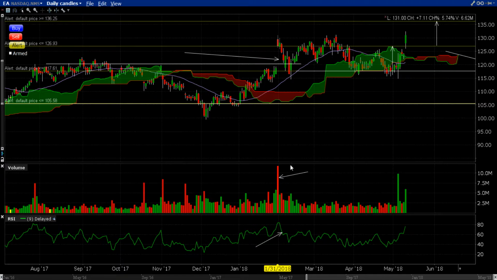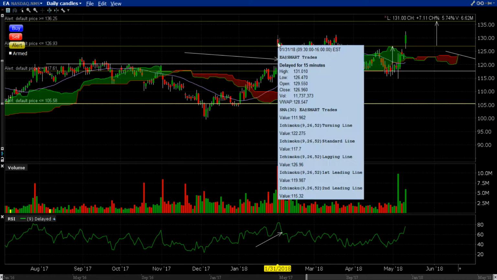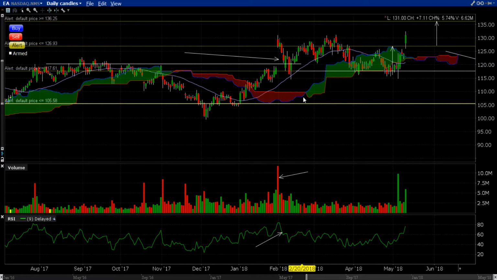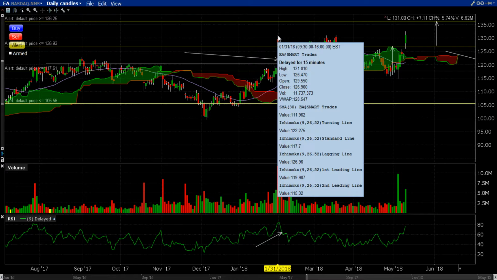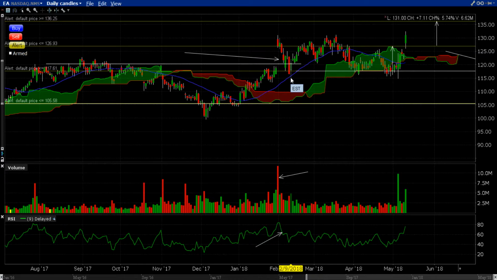Right here, that red candle, that top one right here, after the gap up, you would have preferred a green candle with good volume there. Either case, price action went back down and it's still closed above the breakout line. But it's always good to see on the intraday to understand that wick. See, here was a gap up that filled, but it could have been just a natural pullback.